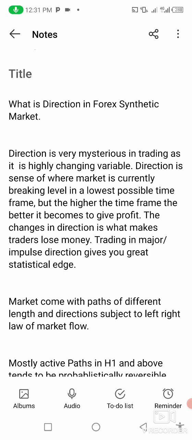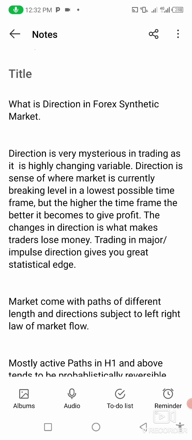So at different time frames we have different directions. You don't trade all directions, you only trade the major directions, which should be in alignment with the main trend direction.